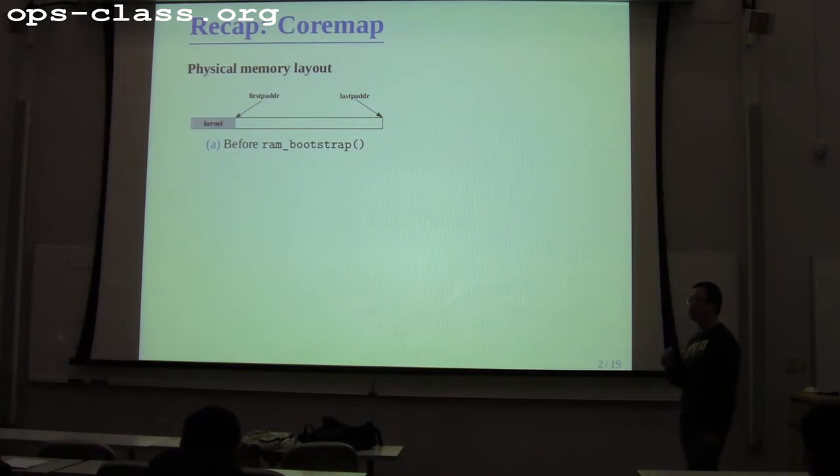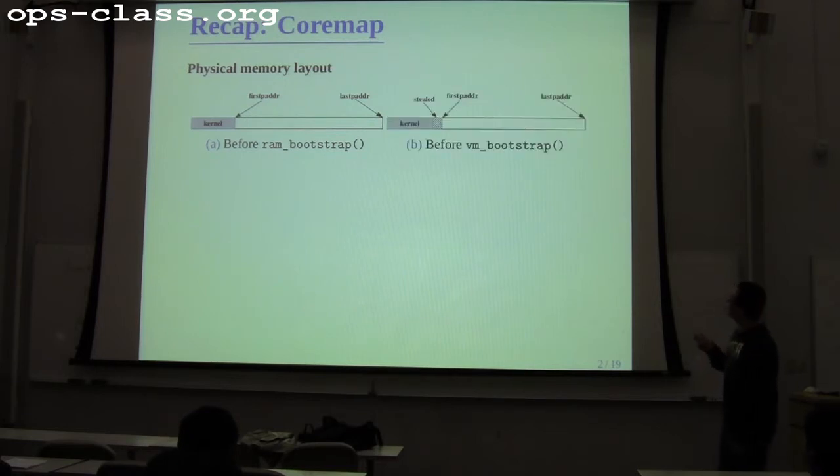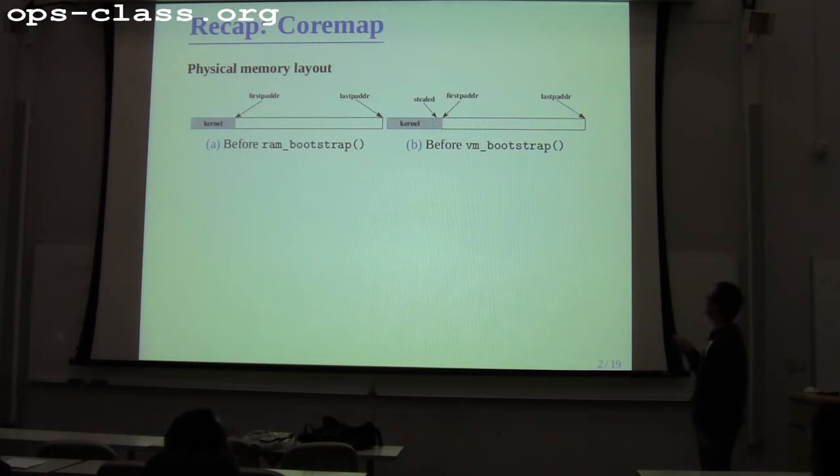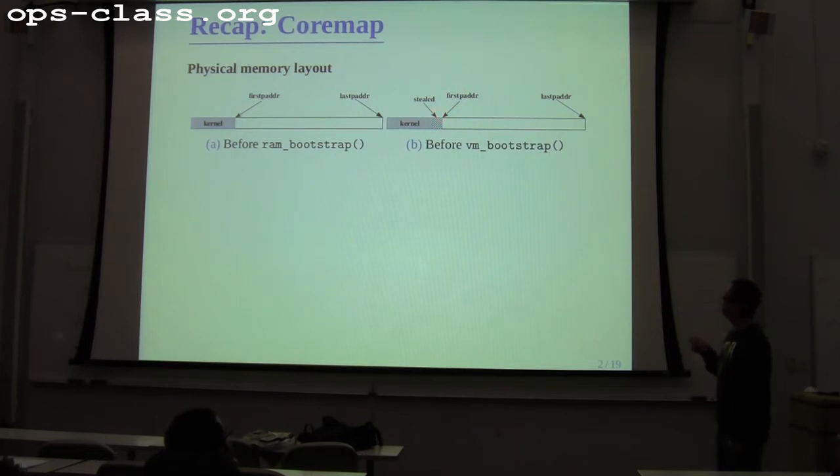So alloc_kpages will just call ram_stealmem, right? What ram_stealmem does is basically move this first physical address forward. So whatever is taken here is called stolen memory. This part of memory is allocated by ram_stealmem.